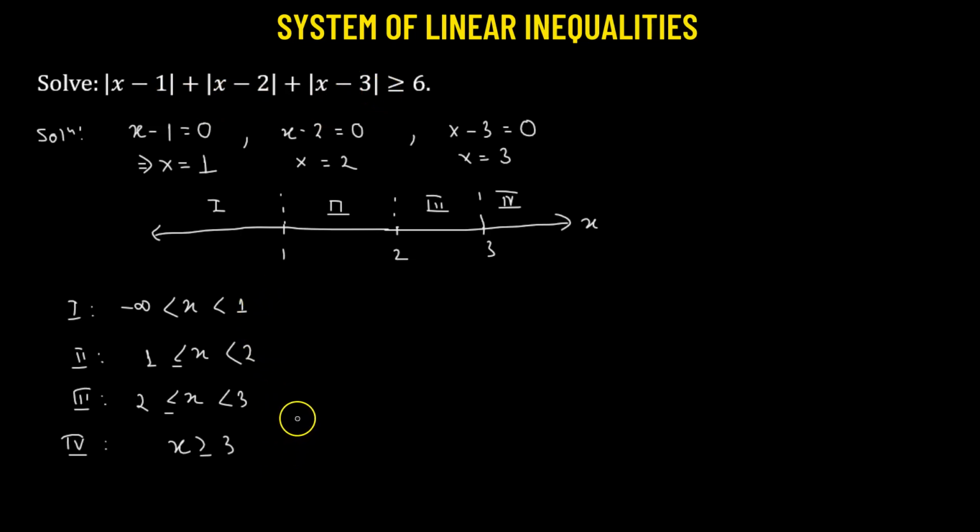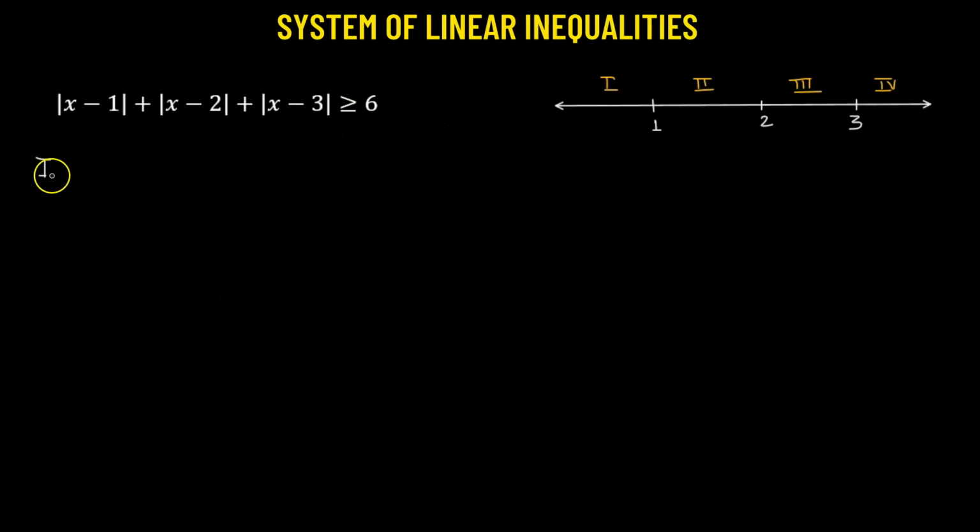So let's begin. Starting with region number 1, here we have considered x to be greater than negative infinity and less than 1. So here the absolute value of x minus 1 will be equal to negative of x minus 1, which is 1 minus x.